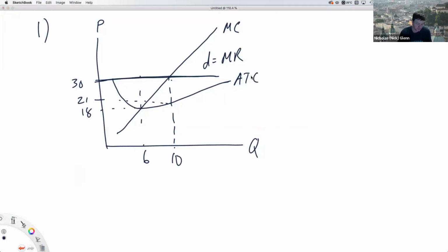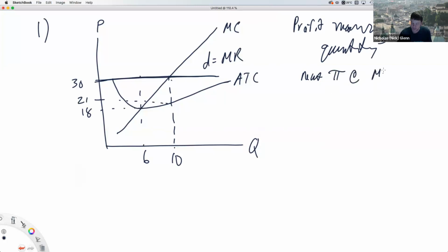So what's the firm's profit maximizing quantity? We know they maximize profits at marginal revenue equals marginal cost.